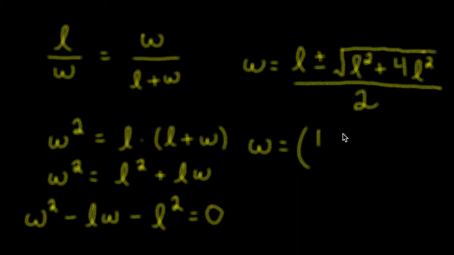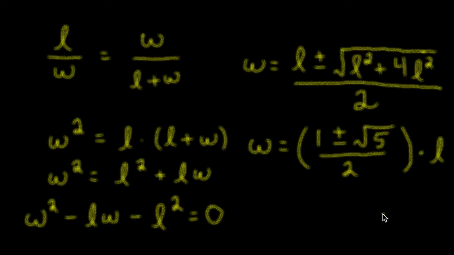So we have 1 plus or minus square root of 5 all over 2 times the length. So what this tells us is that if we have the length of a rectangle and we want to form a rectangle that's in the golden ratio, the width should be this factor times the length.